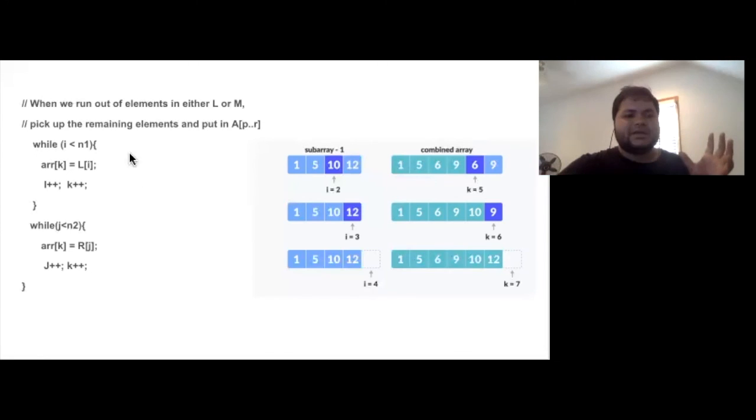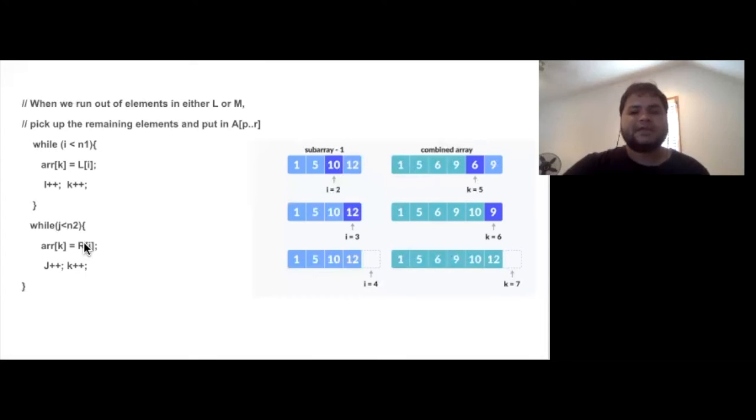That is why the code says that when we run out of elements in either the left array or right array, we just copy those elements into our combined array.